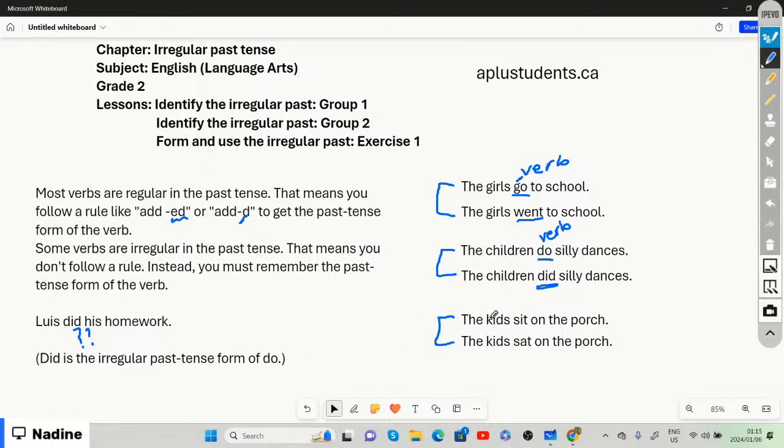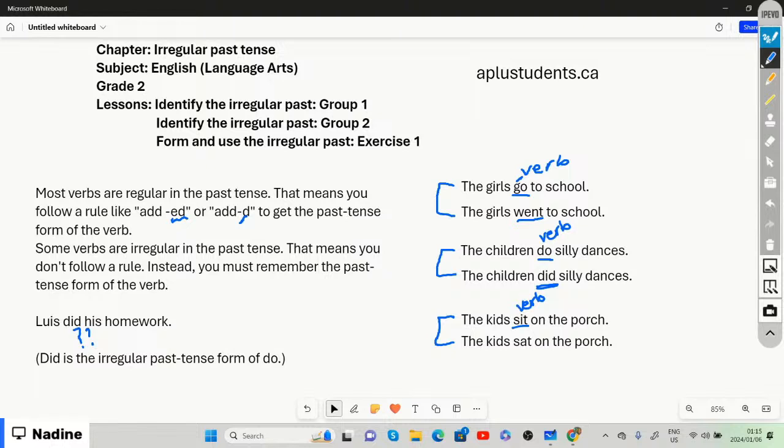All right. The children sit on the porch. So the word sit, it's our verb, it's our doing word.